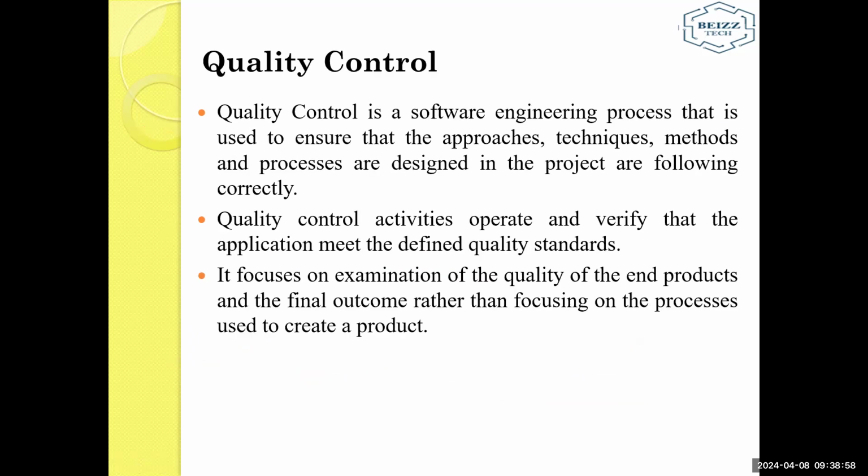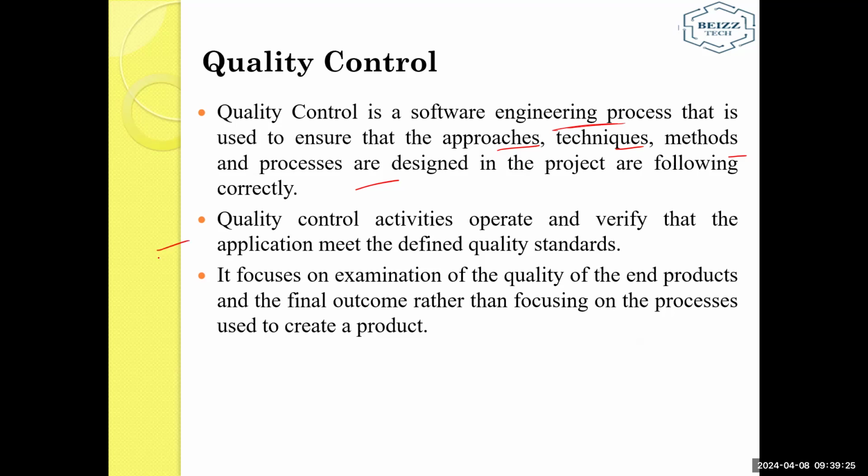Control is actual testing. It's related to your product, basic thing. So software control or quality control is a software engineering process which ensures that whatever approach, technique, method and process are designed in the project are followed correctly. So whatever is defined by the quality assurance, whether we are following the same, everybody working for the same, that we can again check in quality control.